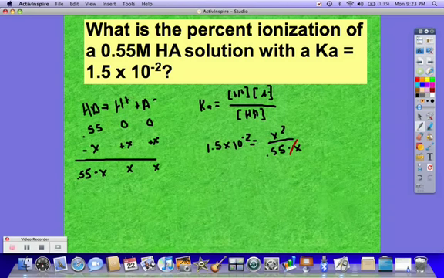Ignore the minus X. We can solve for X, which is 0.0908. And now that we know X, we can find percent ionization. So it's just like before, put X over initial, which was 0.55, and then times 100.